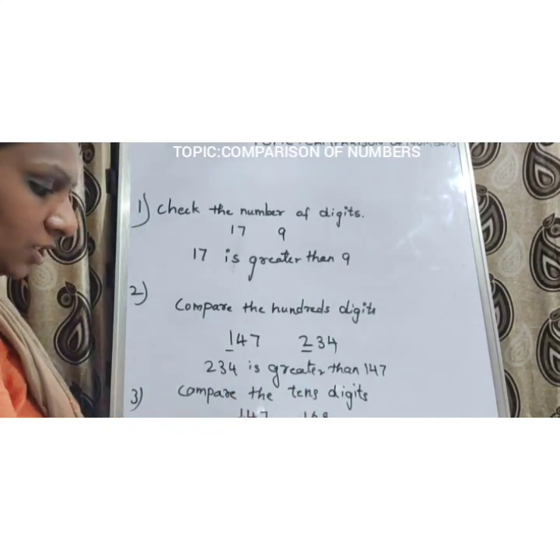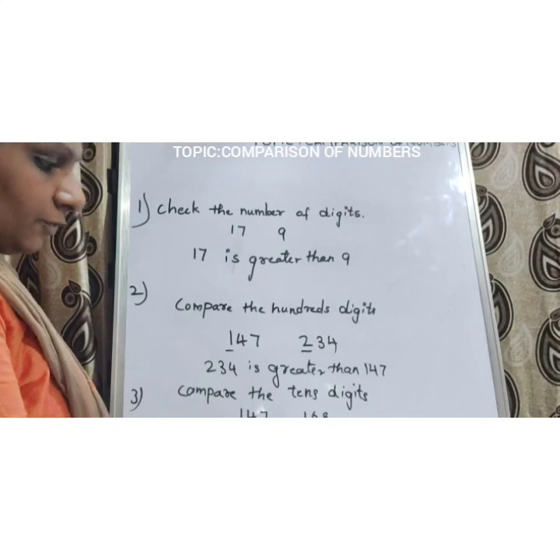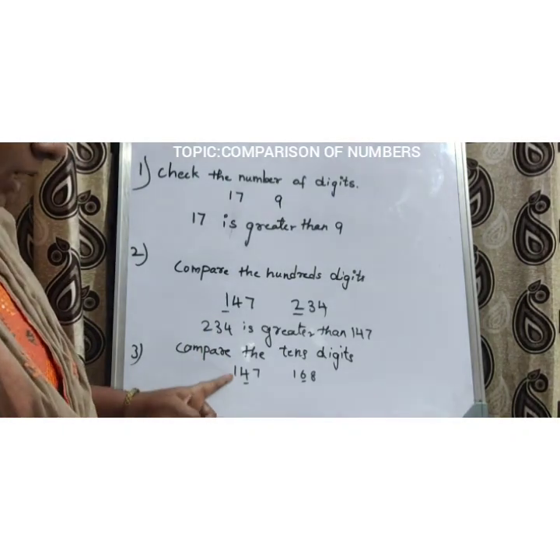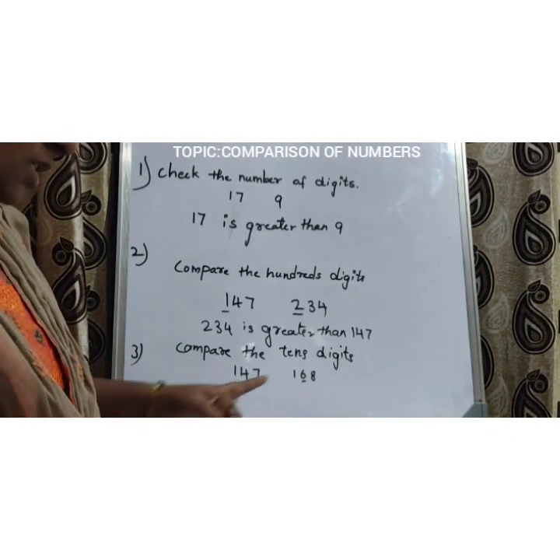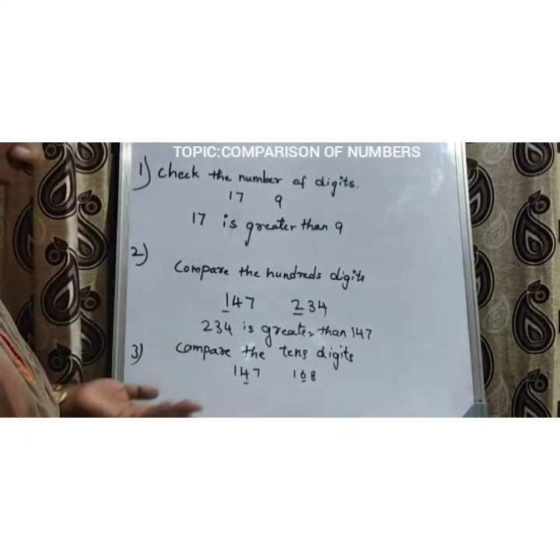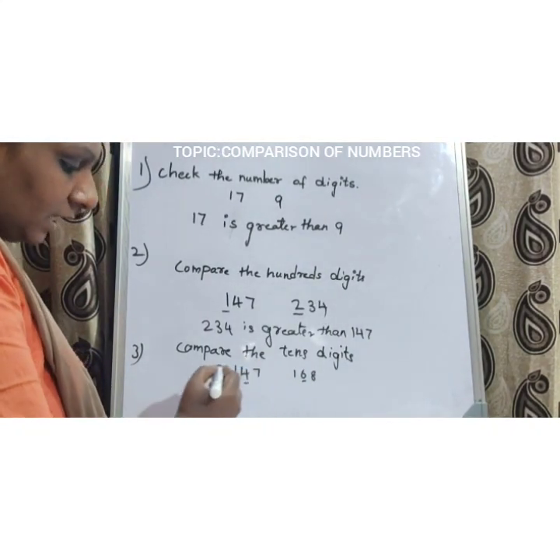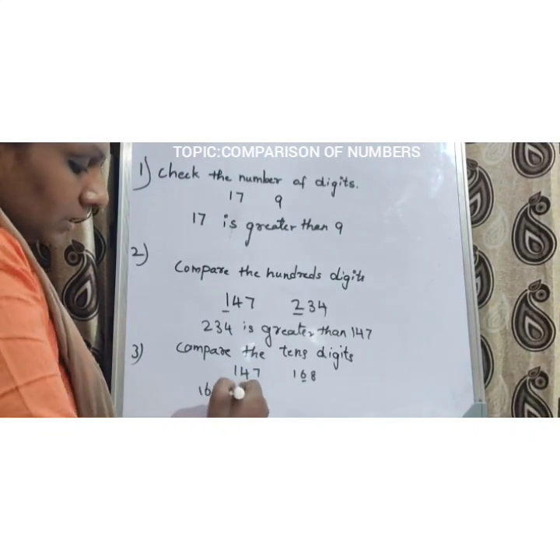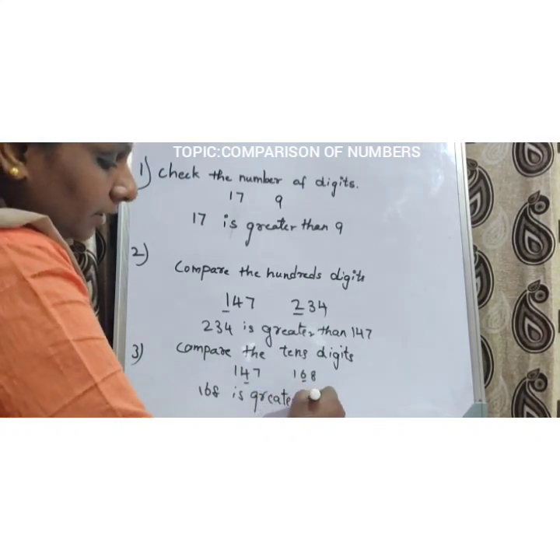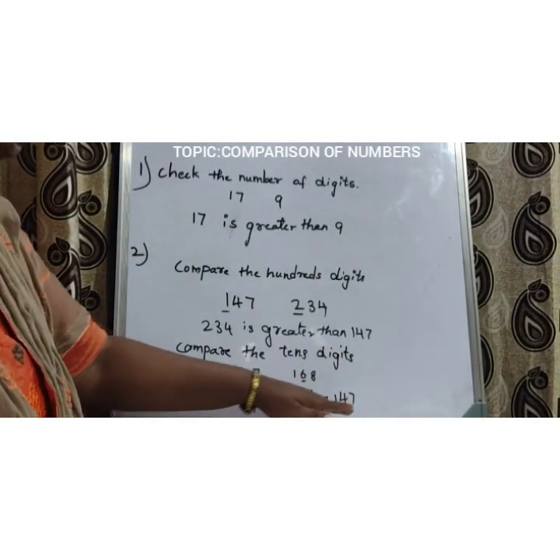Which digit do we have to compare? The second digit, the tens place digit. Here the second digits are 4 and 6. Which is greater? 6 is greater. So 168 is greater than 147.